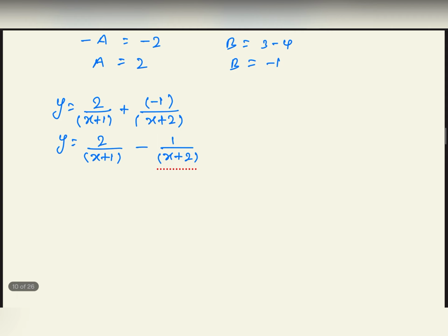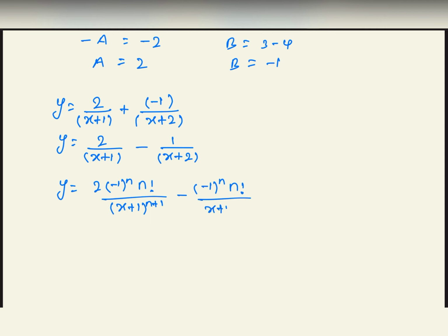As we know that we have already solved this type of problem, that is 2 into minus 1 to the power n into n factorial divided by x plus 1 to the power n plus 1. Similarly, minus 1 to the power n into n factorial divided by x plus 2 to the power n plus 1. Hence it is called yn.